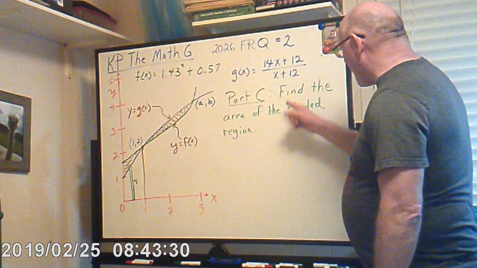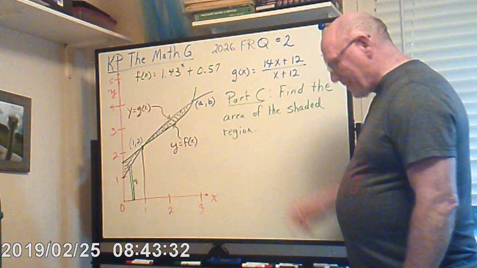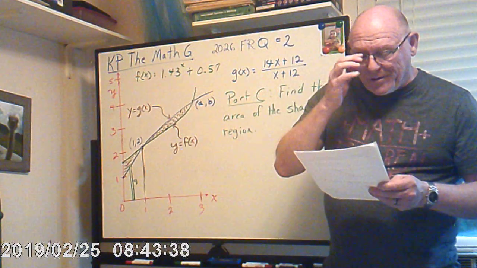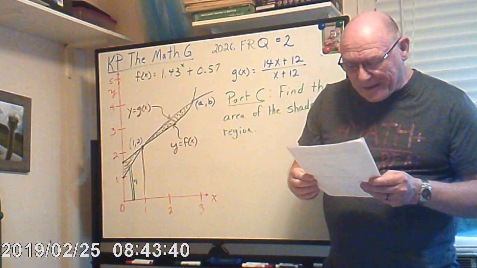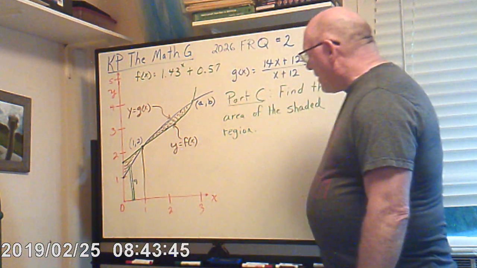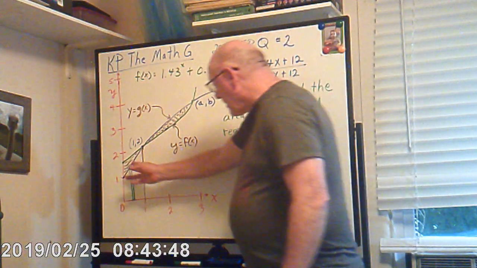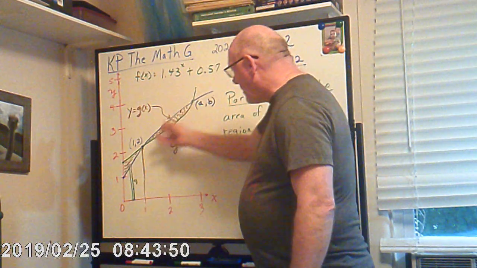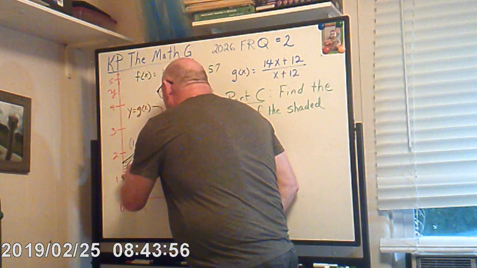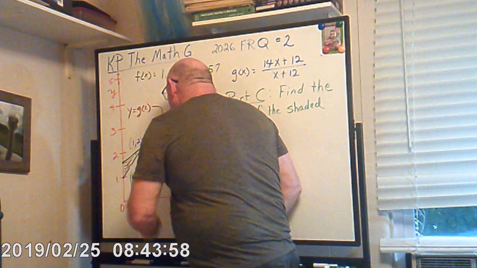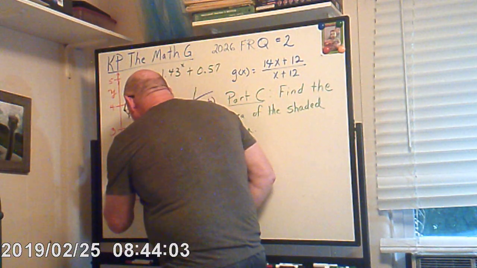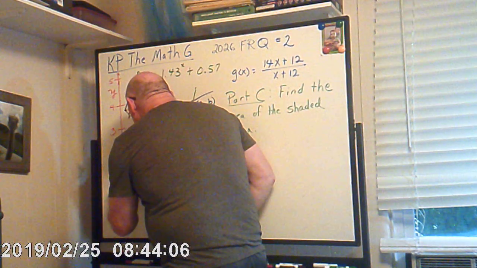Okay, it says find the area of the shaded region, and I do want to make sure that it is the area and not trying to figure out a volume. Yeah, find the area of the shaded region. Area is what's covered up here. This is part B, so I need to erase that.